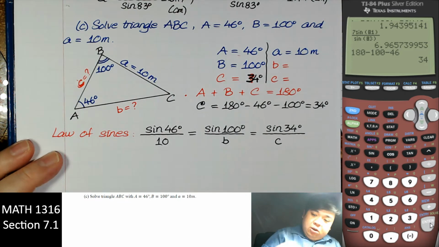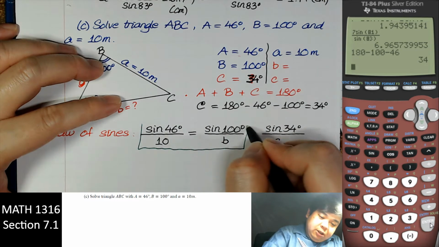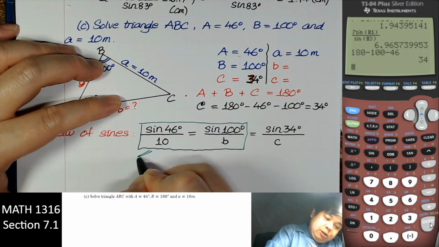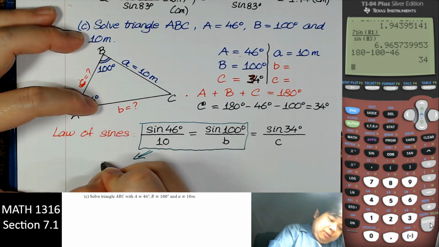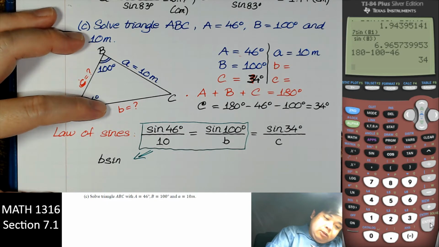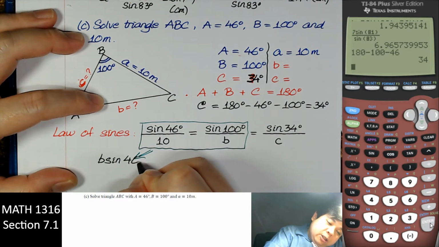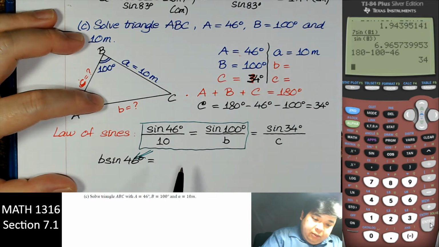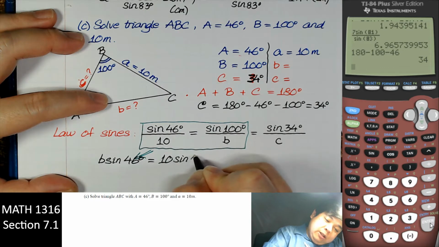Right, so take the ratio of the first two, cross multiply, and solve for b. B sine of 46 degrees equal to 10 sine of 100.